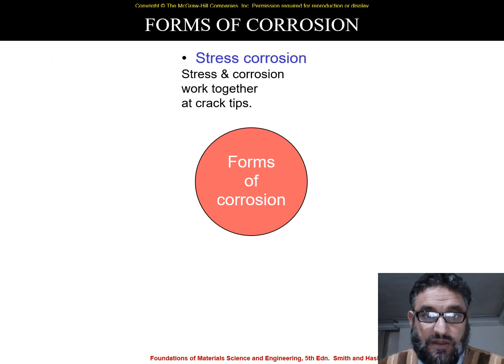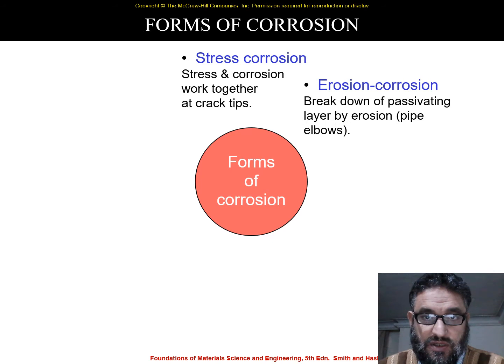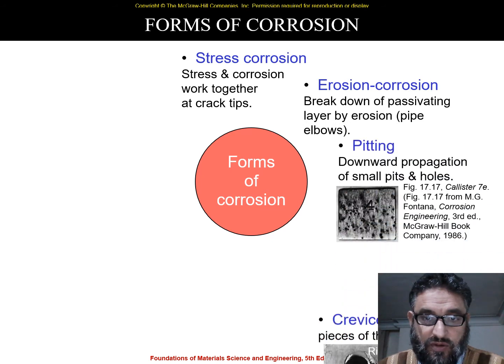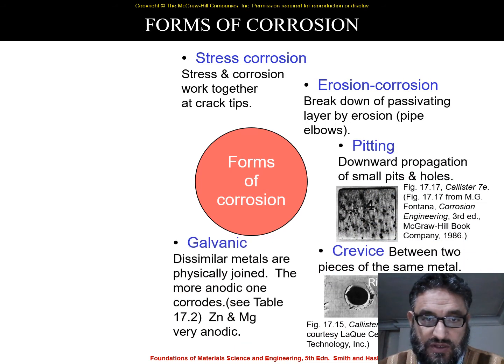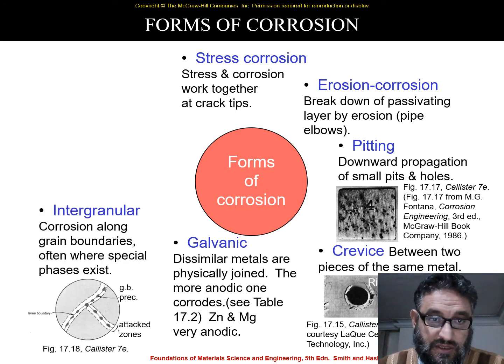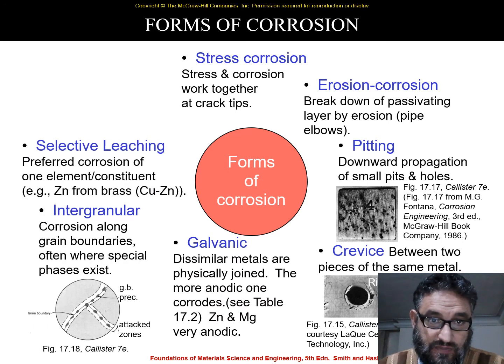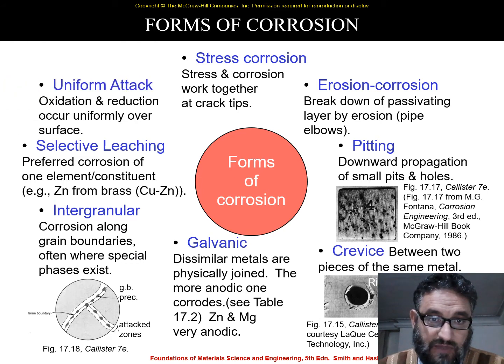We learned that there is stress corrosion, erosion corrosion, pitting corrosion, ceramic corrosion, galvanic corrosion, intergranular corrosion, selective leaching, and uniform attack, and other types of corrosion.